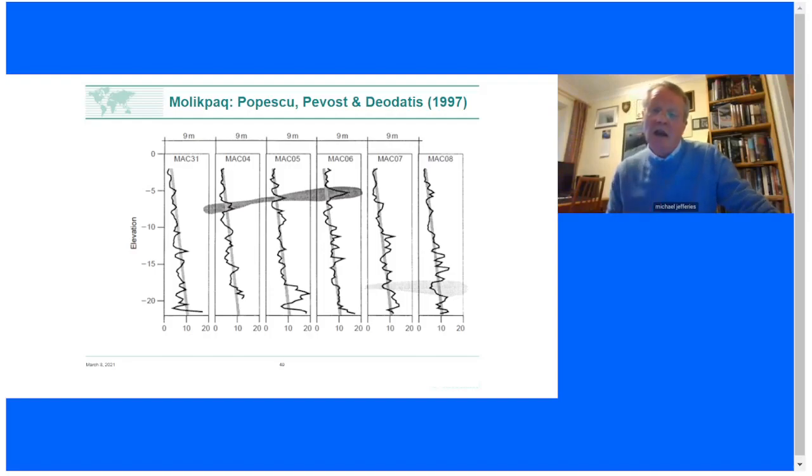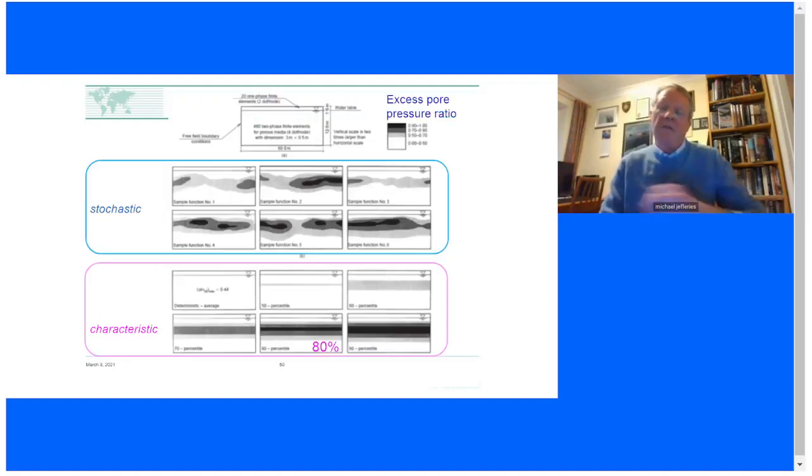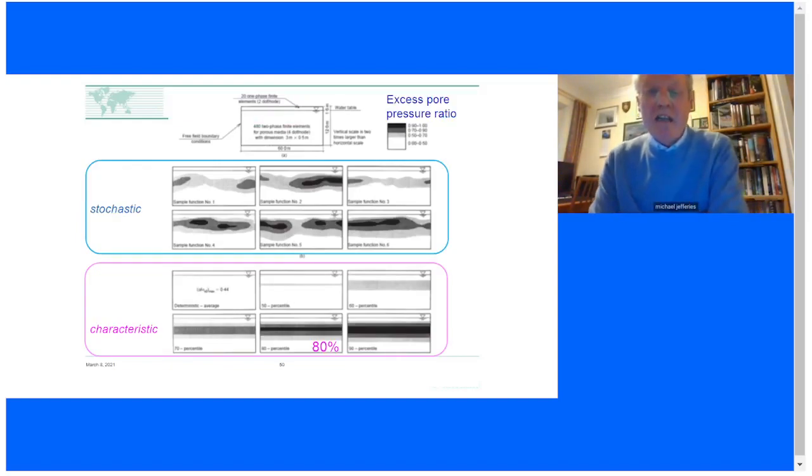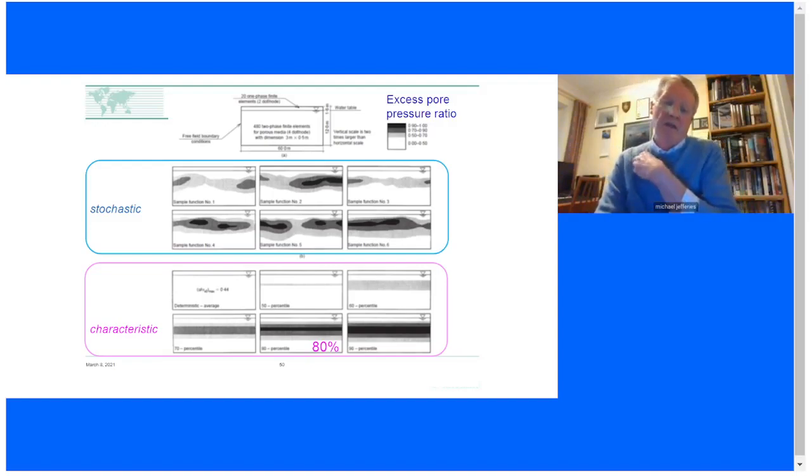And what was then done, we then went to stochastic finite element analysis. What you're looking at in the top of this slide is what amounts to a block of the pack. It's a pack core, and they've modeled that with 480 finite elements.